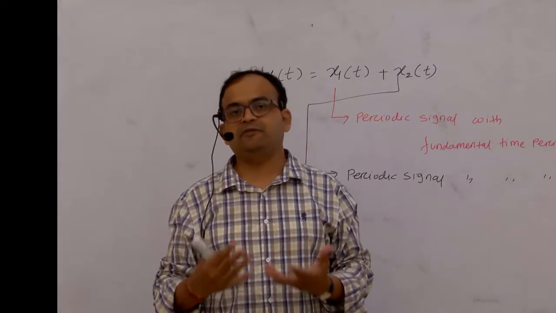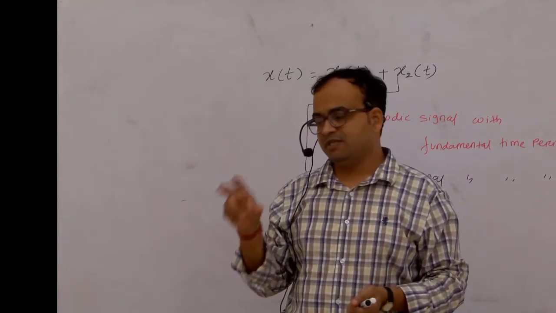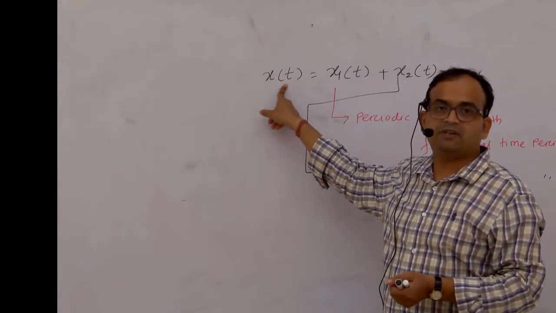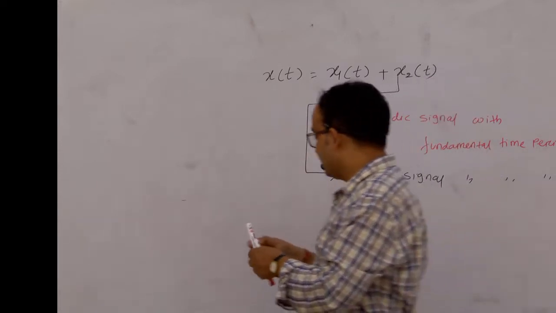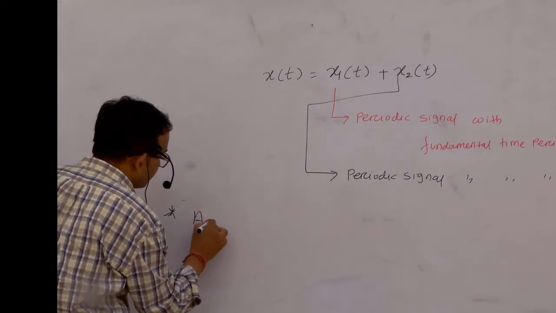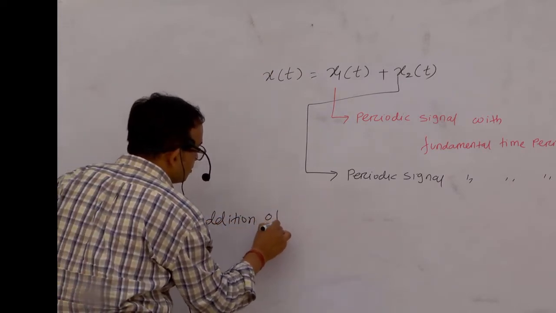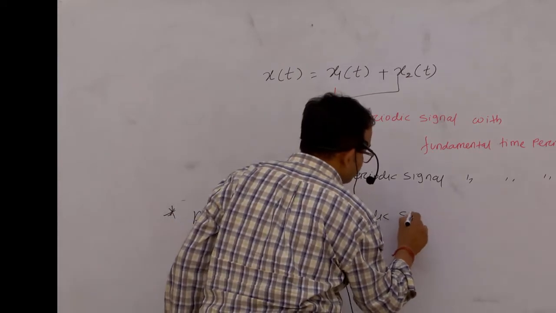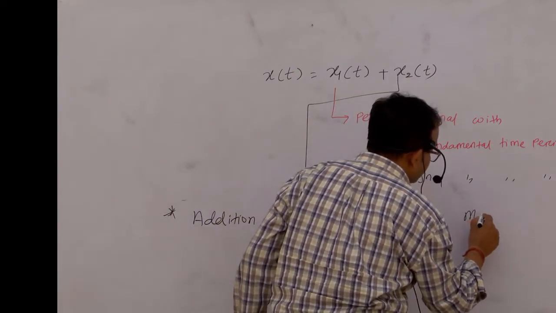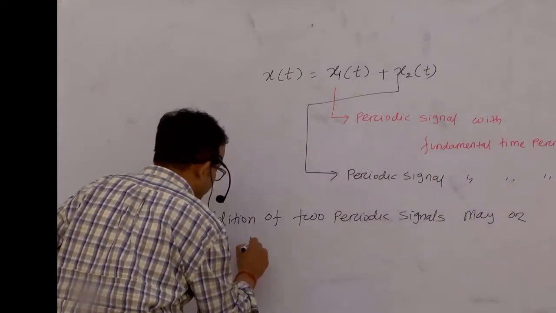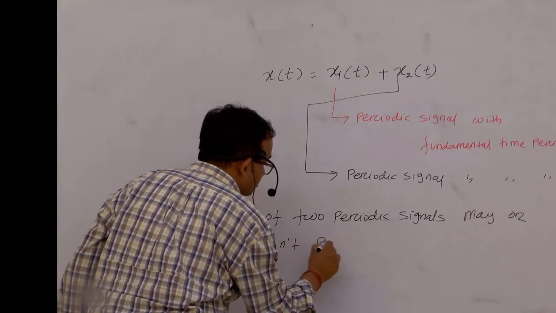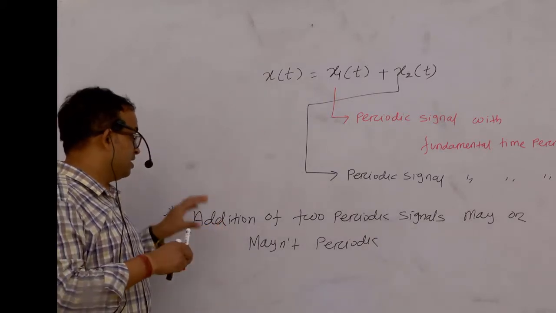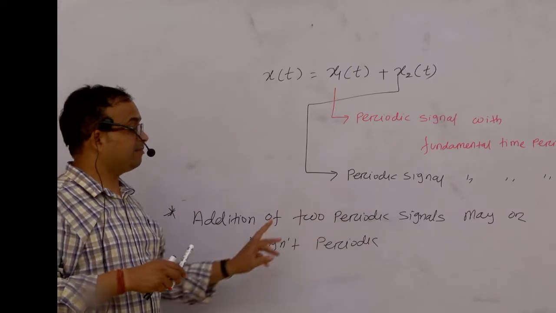We have taken x1 of t and x2 of t as periodic signals, and we want to know whether x of t is periodic. Remember, the addition of two periodic signals may or may not be periodic. We cannot tell directly. There is a theorem by which you can test whether x of t is periodic or not.